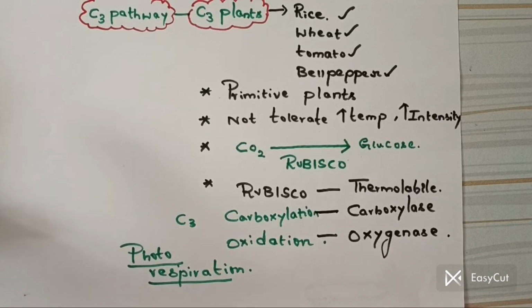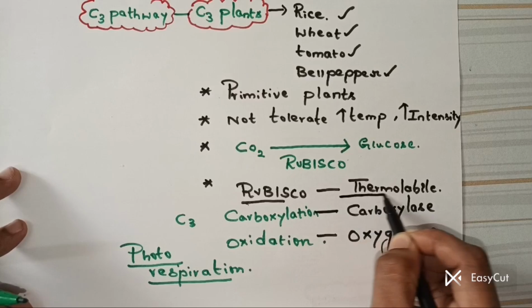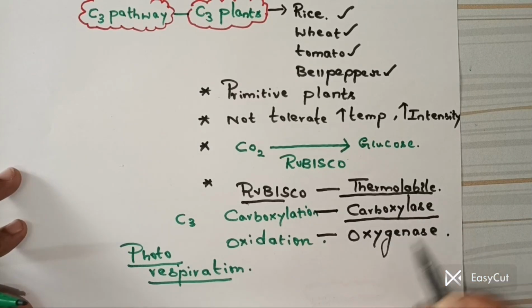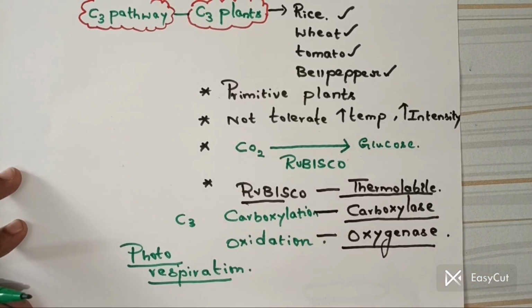When the C3 pathway fails, it is going to perform photorespiration, just because Rubisco is a black sheep, but the most abundant plant enzyme on the biosphere. Let's say Rubisco is a thermolabile enzyme. It can act like both a carboxylase and an oxygenase.